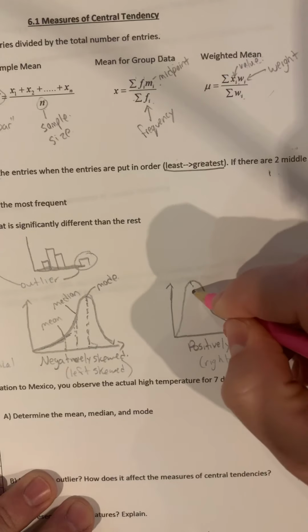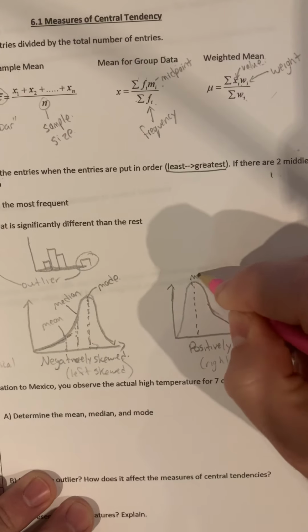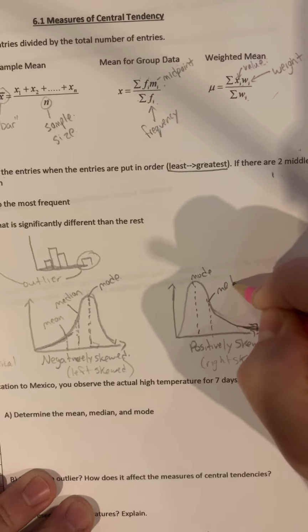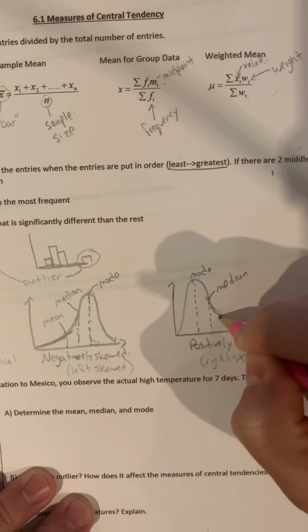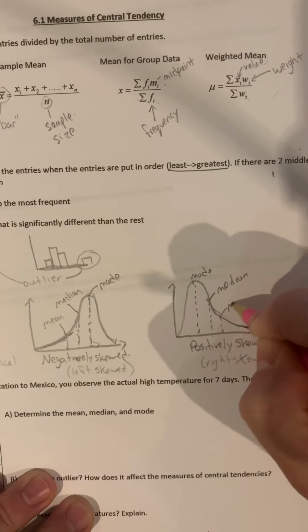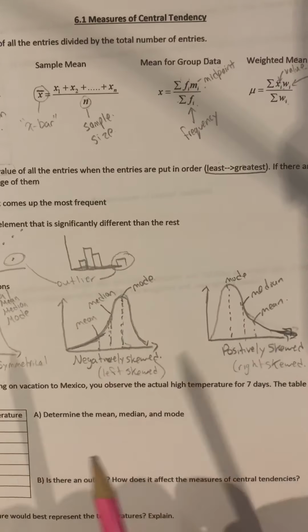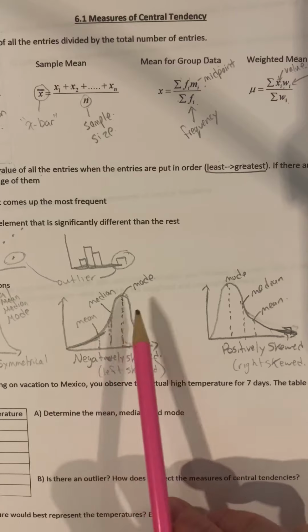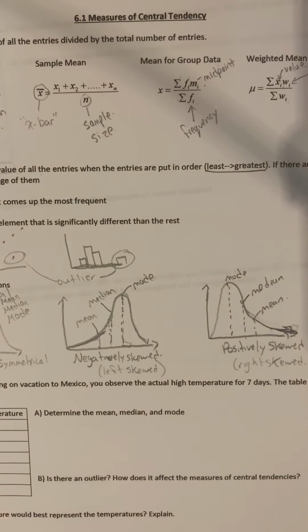Your mode is still in the middle, your median is pushed to the right, and your average, or mean, will be further right. The mode is always at the peak, and your median is always in the middle, in between your mode and mean for both of them.